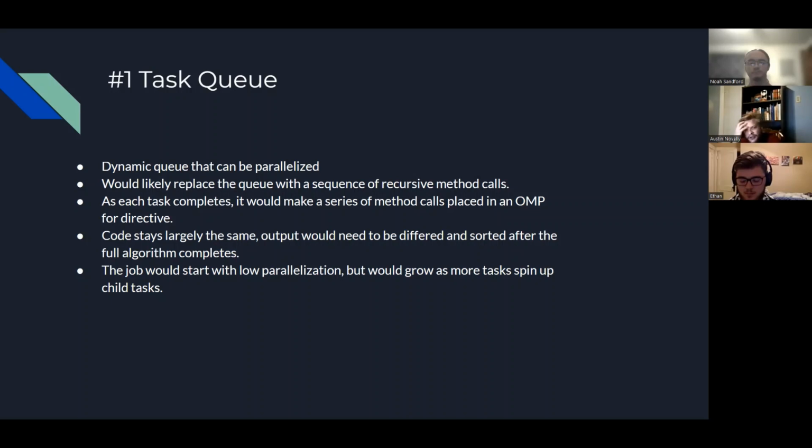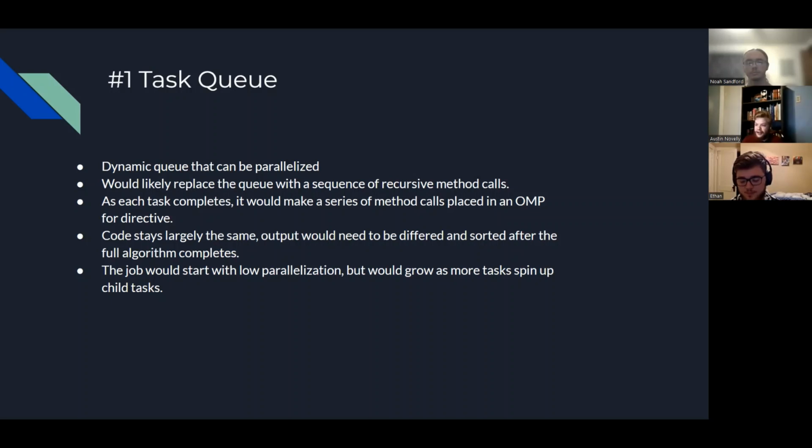The output would need to be deferred till later and then sorted, rather than outputting as you complete one chunk of the algorithm, which is how it works right now. Since it is serial, you can finish a single chunk and then spit it out to the output. So instead, we're going to place that into some sort of shared buffer.